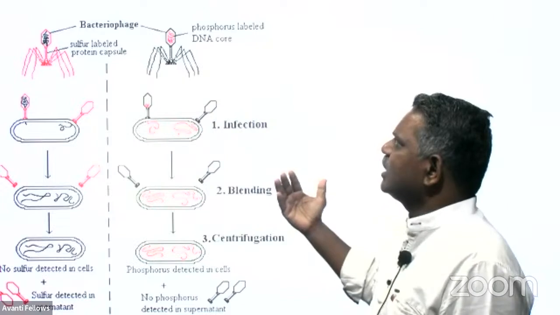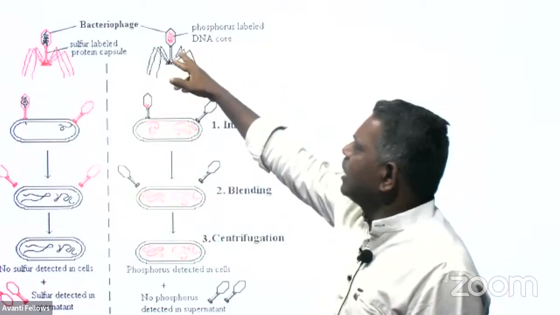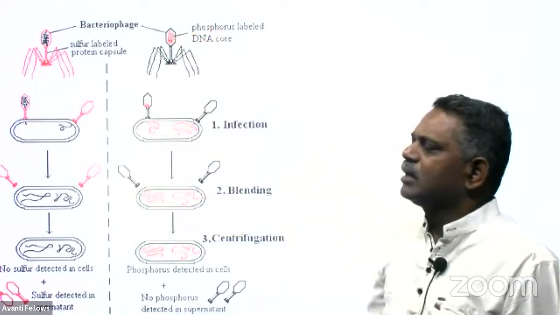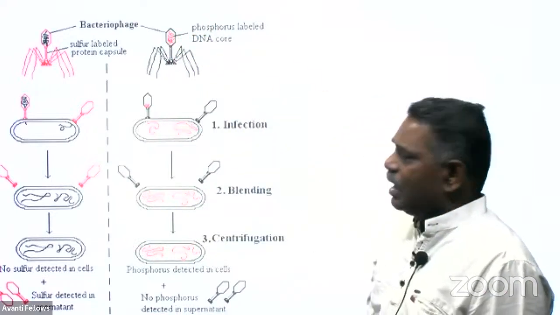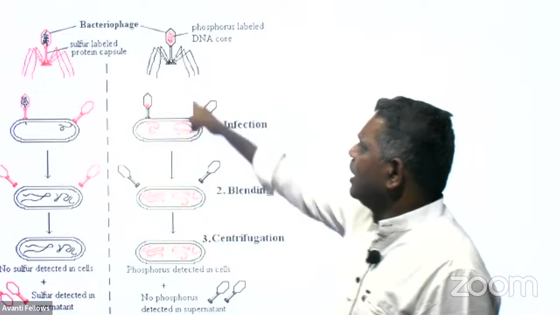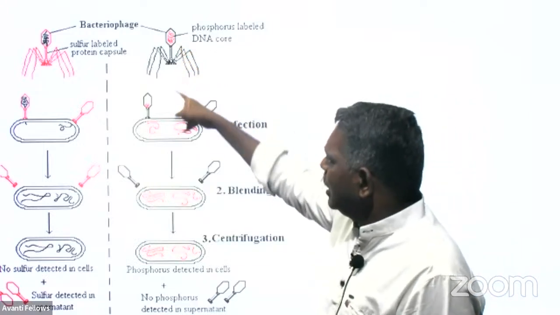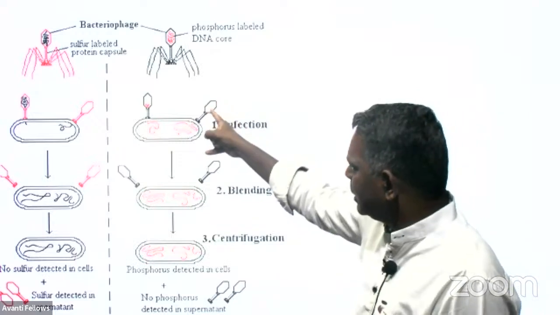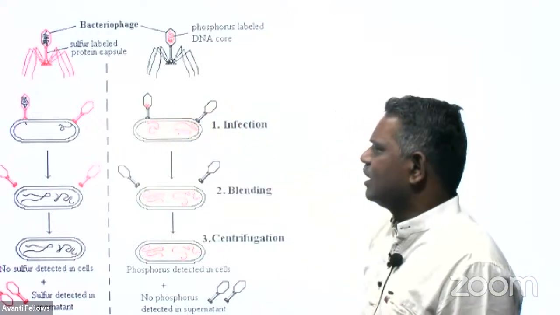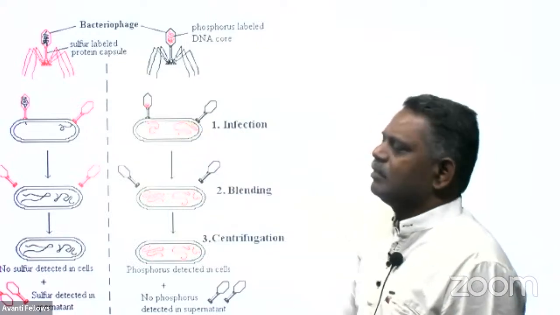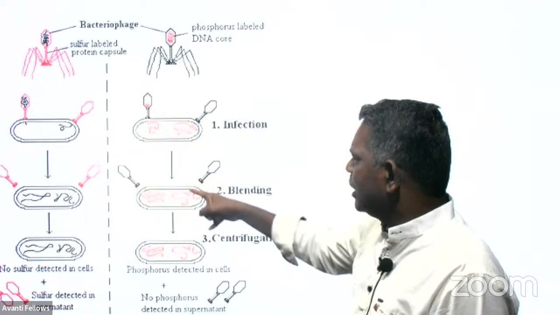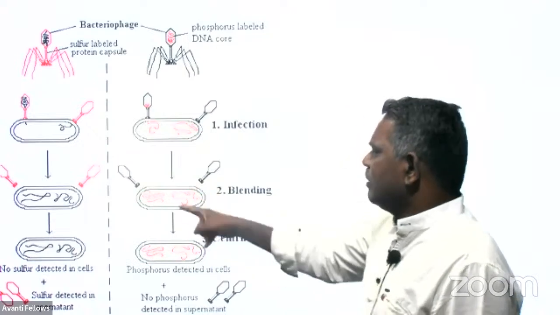And coming to the other side, they use another bacteriophage where only the DNA is labeled with radioactive phosphorus, and allow this bacteria to be infected with this bacteriophage. It takes the DNA content only inside, and it is radioactive. And this DNA will go for multiplication, and finally produce what? The protein coat.